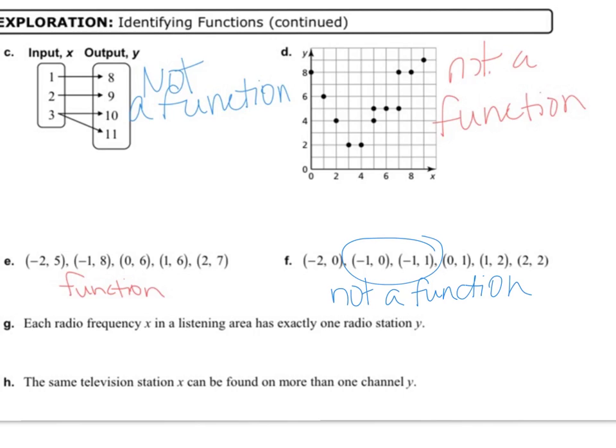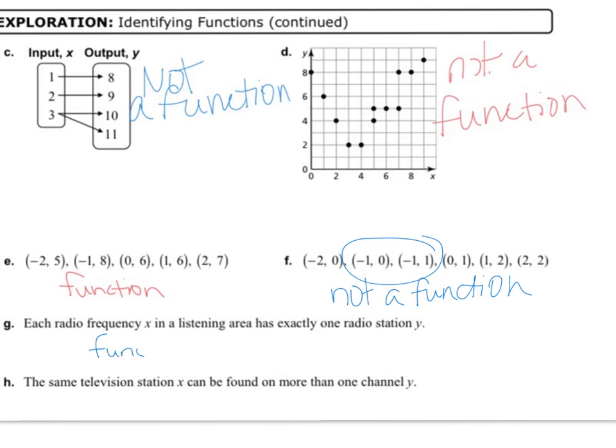Okay, let's look at G, which is in this case really just an example, not with just numbers, not with just a graph, but each radio frequency X in a listening area has exactly one radio station Y. Each X has exactly one Y. This is a function because that's basically the definition of a function.